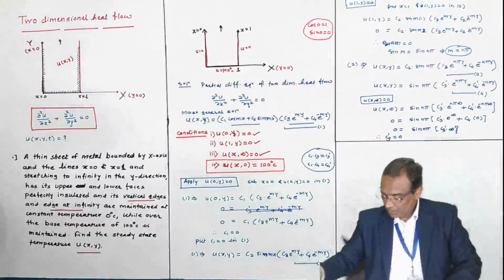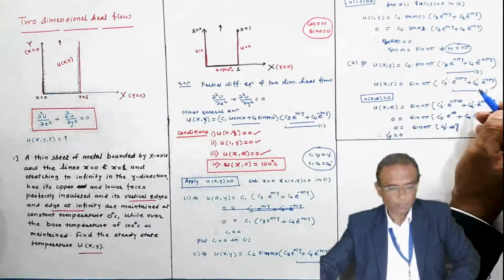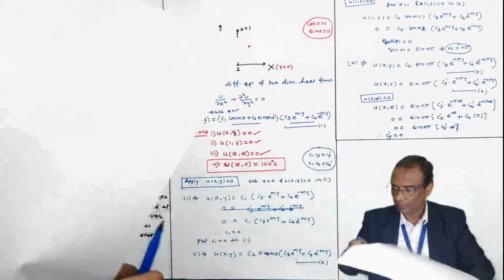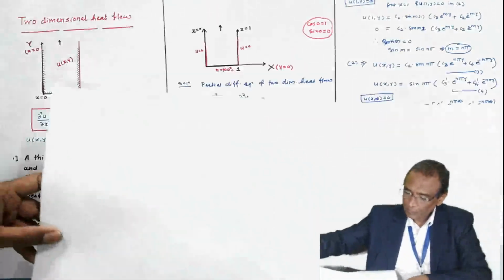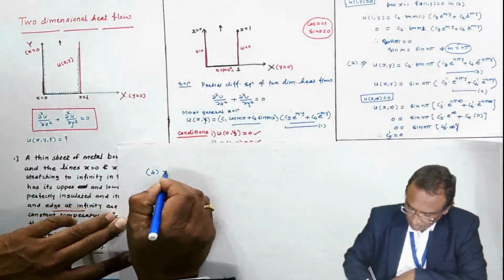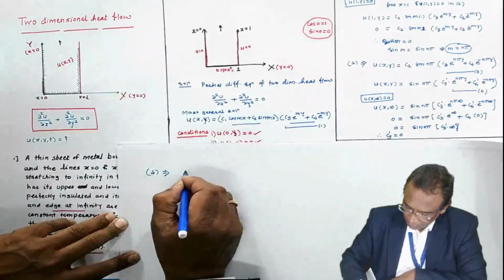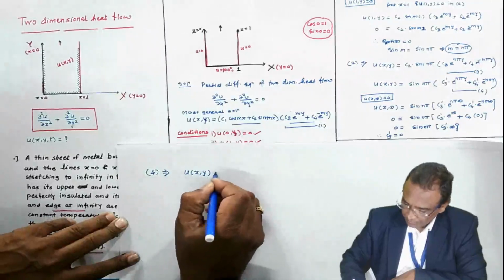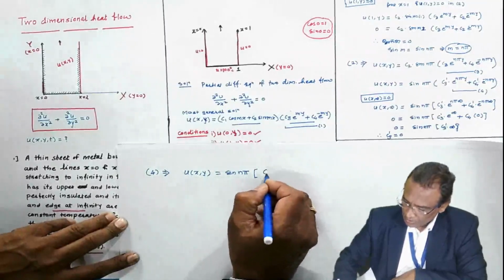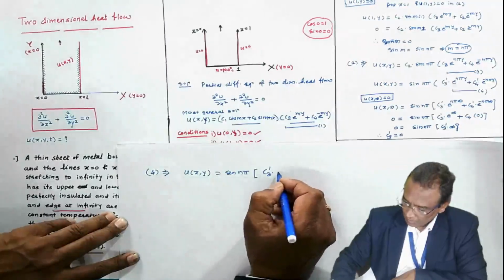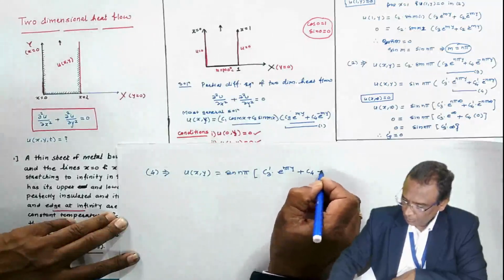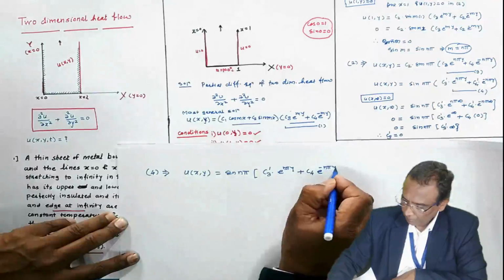So, putting the value of C3 dash in equation 4. Equation 4 is, as it is, sin n pi, C3 dash e to the power n pi y plus C4 dash e to the power minus n pi y.